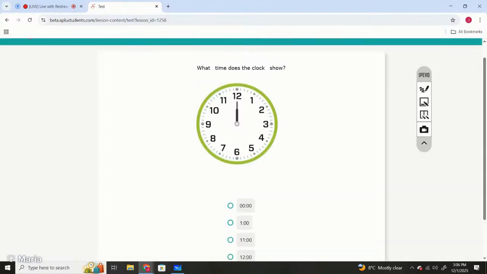Okay, what time does the clock show? So, which is the correct option? Both the hands are pointing to 12, so that is 12 hours and 0 minutes.